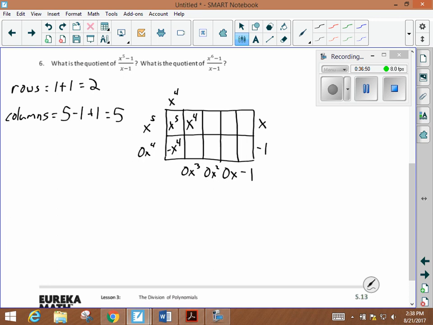What did I have to multiply x by to get x to the 4th? This will be x to the 3rd. We'll multiply down and get negative x to the 3rd here. What did I have to add to negative x to the 3rd to get 0x to the 3rd?